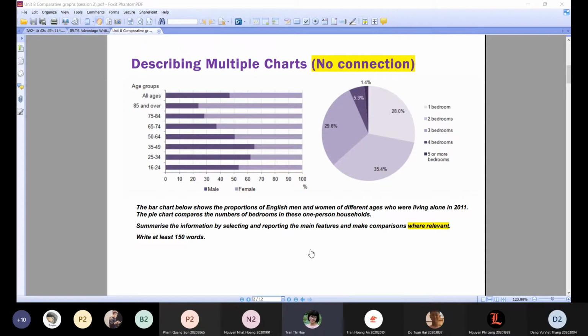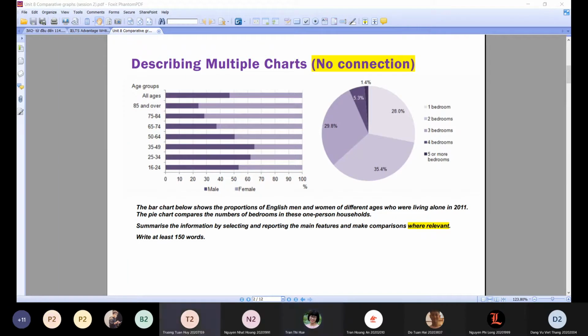The outstanding feature in the first chart is about the proportion of English men and women of different ages who were living alone in 2011. So of the two genders here, which one lives alone more than the other?